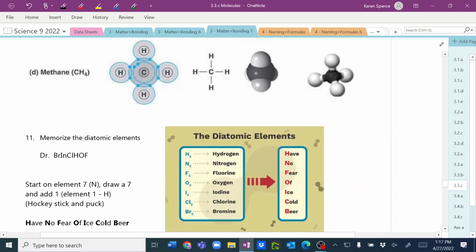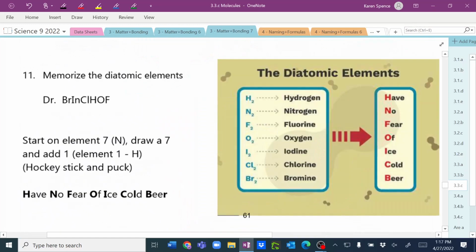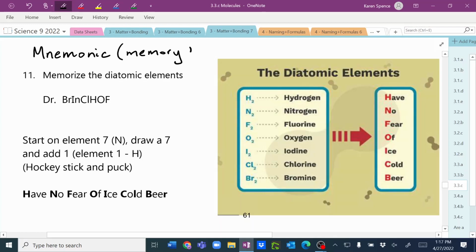And once again, down here, we have your little mnemonic devices. Do you guys know the word mnemonic? Mnemonic is to do with memory. It's got a silent M at the beginning, because of course we all need a silent M. Who can't do with a silent M in their life?